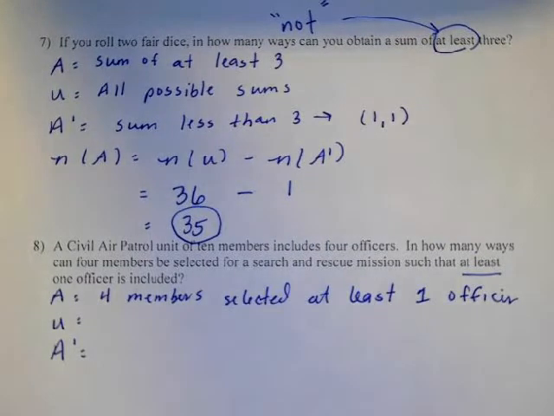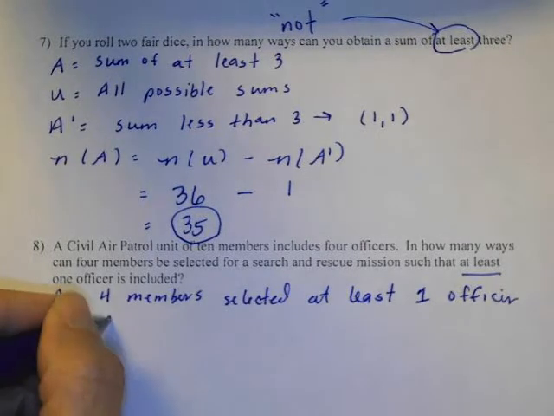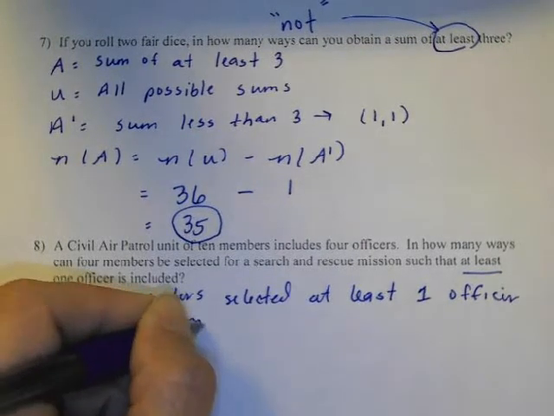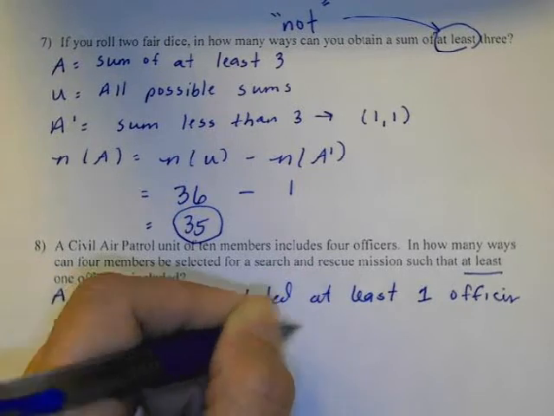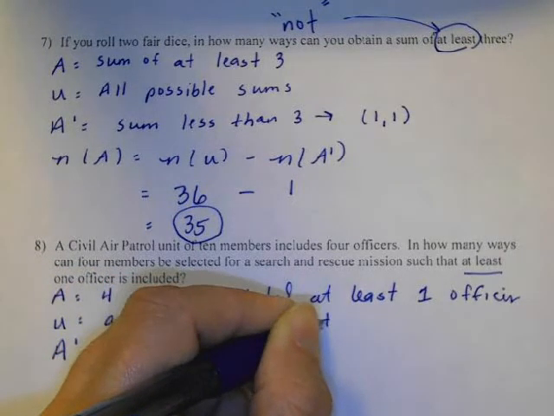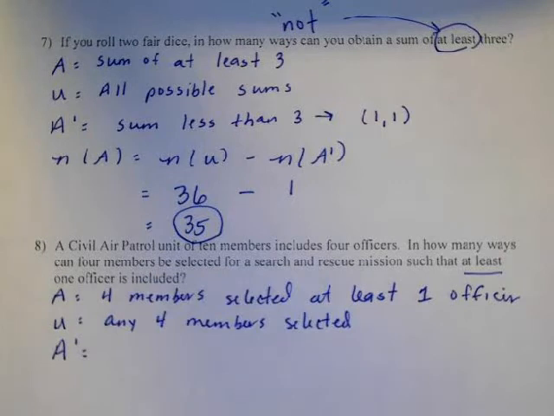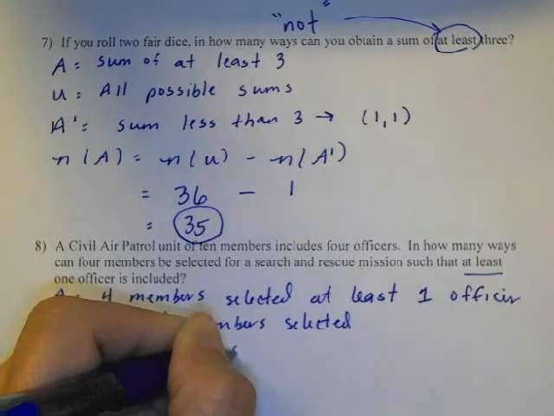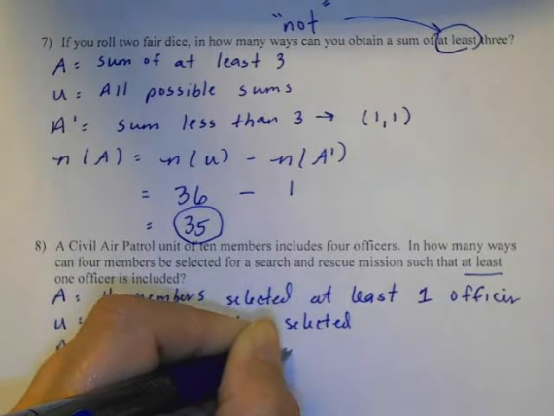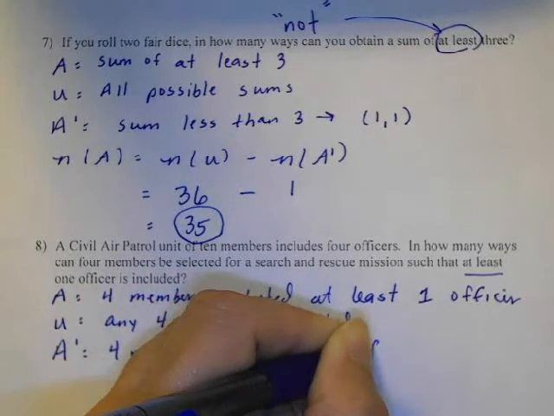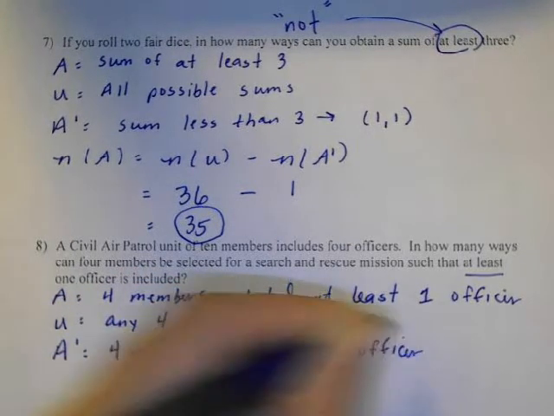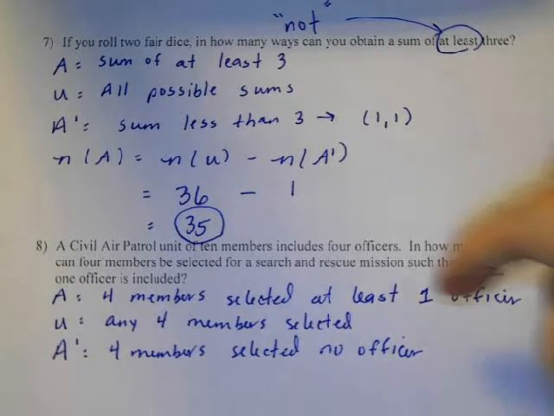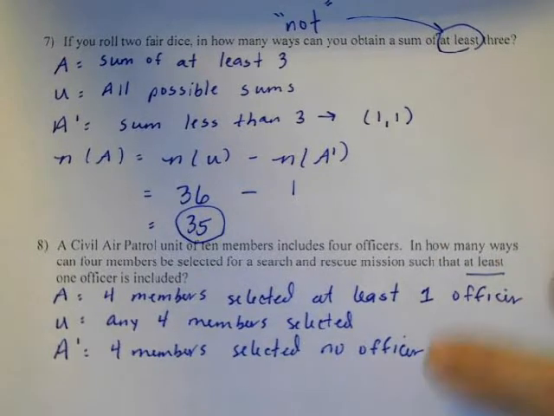U is any 4 members selected. A prime is 4 members selected with no officer, because if you need at least one, no officers wouldn't satisfy that.